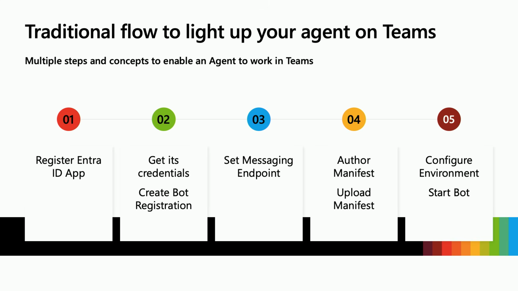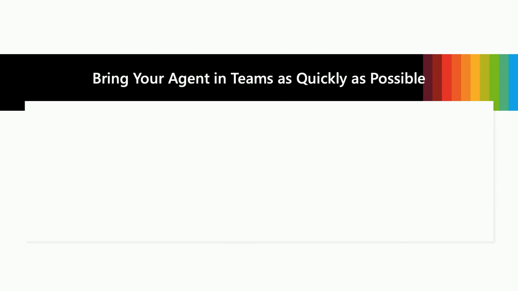You'd have to start with registering your app, getting its credentials, setting an endpoint, uploading a manifest, configuring the environment, and starting the bot. That journey spans multiple scenarios, multiple concepts, and even multiple surfaces. So we wanted to simplify that. And our goal was for you to get your agent into Teams as quickly as possible.